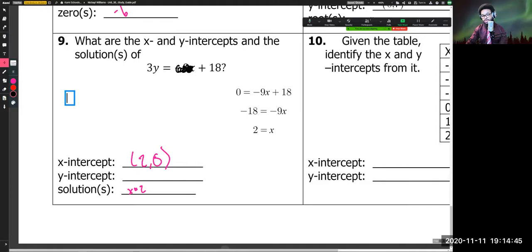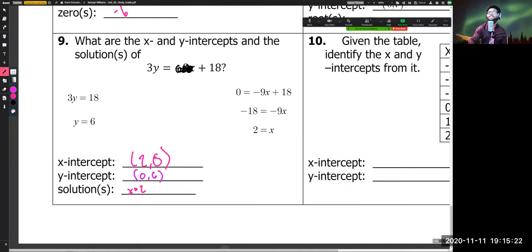We end up with 3y equals 18. And to solve this one, we divide both sides by 3. And we end up with y equals, not 9, 6. Y equals 6, okay? And so since y is 6 here, when we go to write our y-intercept, this is going to be written as an ordered pair, 0, 6. All right? That's how you do that one.